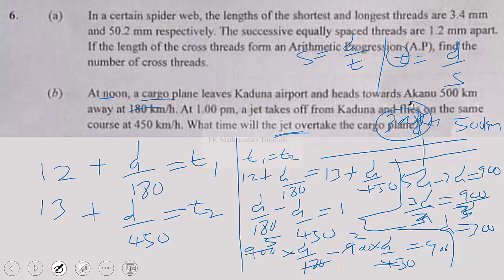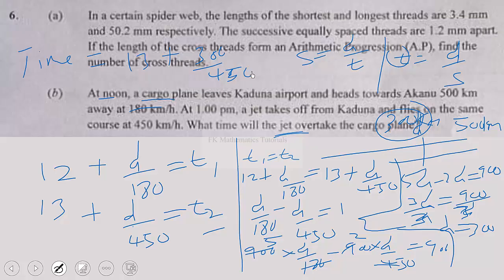So let's say we put it inside equation 2. So the time that the jet overtakes the cargo plane will be equal to 13, and we add to it d, which is 300 over 450.